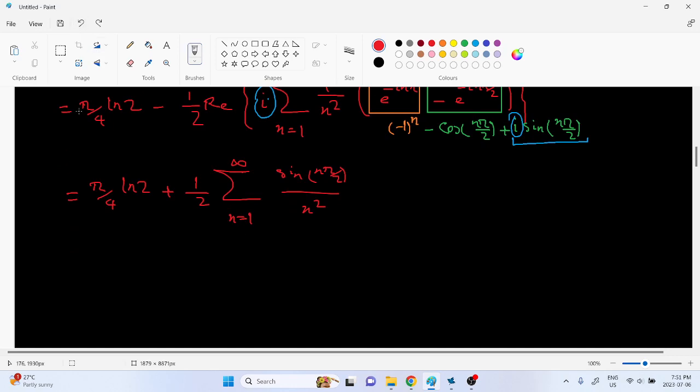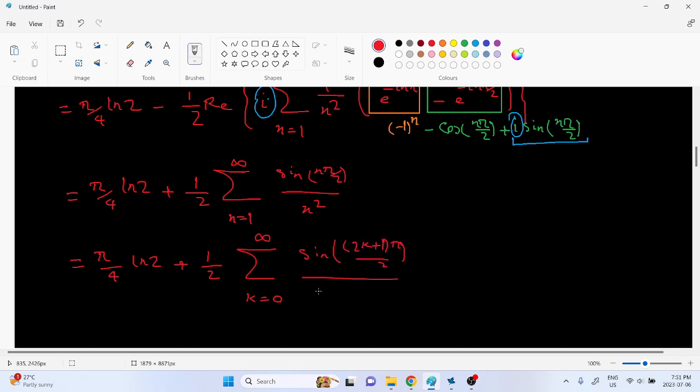And if we break this series into odd and even terms, you notice that you get 0 for the even terms and non-zero for the odd terms. So we can write these as pi by 4 natural log of 2 plus 1 over 2 times the series over k as it runs from 0 to infinity. We get sine of (2k plus 1) pi by 2 divided by (2k plus 1) squared.